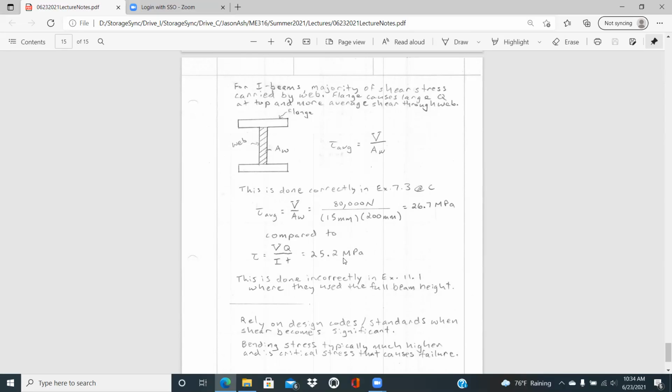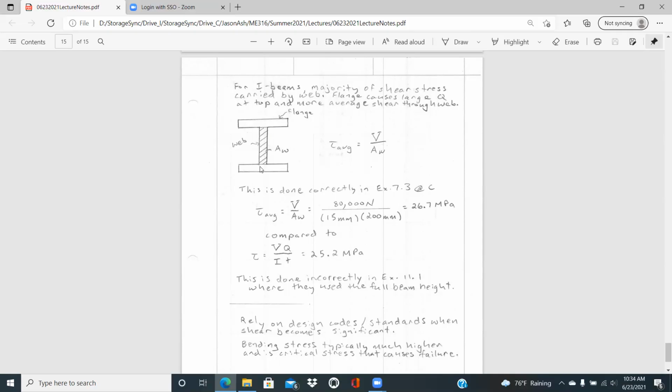But then they do this incorrectly in example 11.1 later on in the textbook, where they use the full height or the full depth of the beam for the area of the web. And so my comment on that is, remember, your average shear stress is your shear force divided by the area of the web.